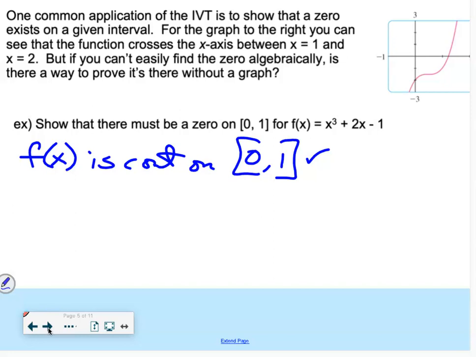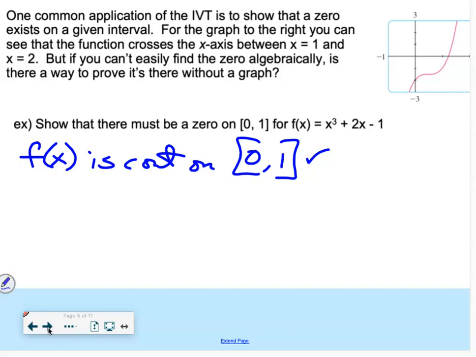It helps me remember. I know that there are 2 check marks for IVT and MVT, 3 check marks for Rolle's, and 1 check mark for EVT. I remember the number of check marks, and it helps me make sure I put them when I'm writing out my answers. Okay. So f of x is continuous.